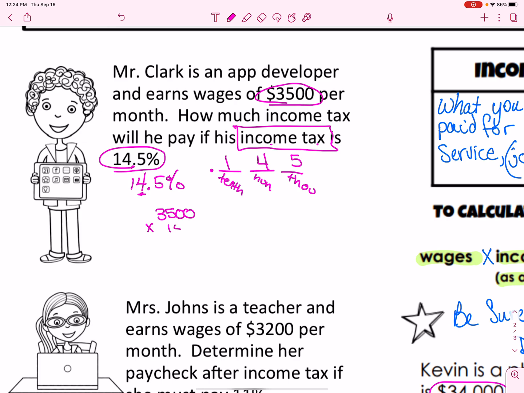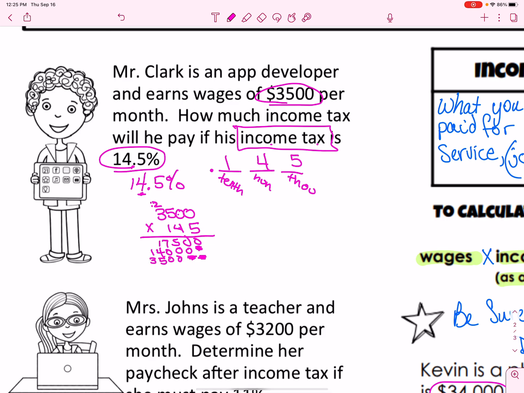3,500 times 145. Ooh, I may run out of room here. 5 times 0 is 0. 5 times 0 is 0. 5 times 5 is 25. 5 times 3 is 15, 16, 17. Leave a space. 4 times 0 is 0. 4 times 0 is 0. 4 times 5 is 20. 4 times 3 is 12, 13, 14. Next, we're going to the third number, so we have to leave 2 spaces. 1 times 0 is 0. 1 times 0 is 0. 1 times 5 is 5.